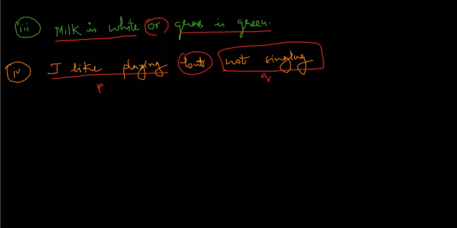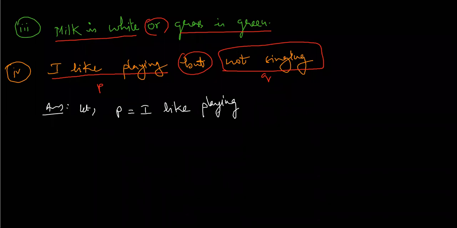So here I go ahead and write the answer for this. I will write: let P equal "I like playing". The same person is saying "I like playing, but I do not like singing". In the next part he is not repeating "I", but it is to be understood that "I" is there, the way we say "I like watching movies, but I do not like watching plays, dramas".